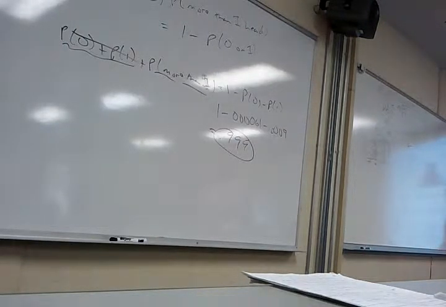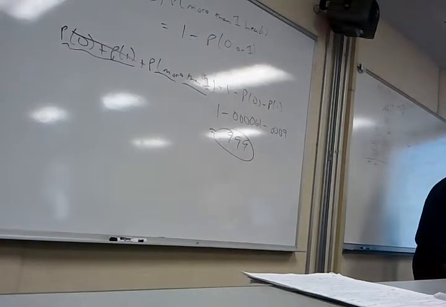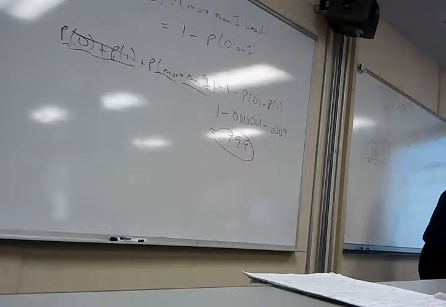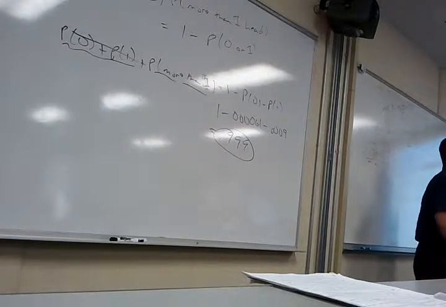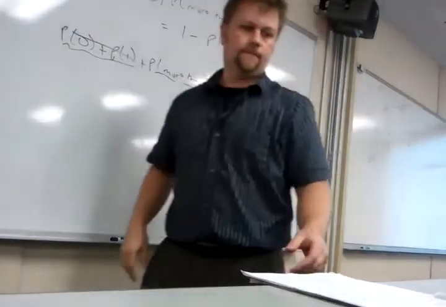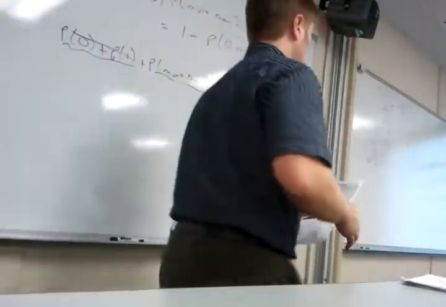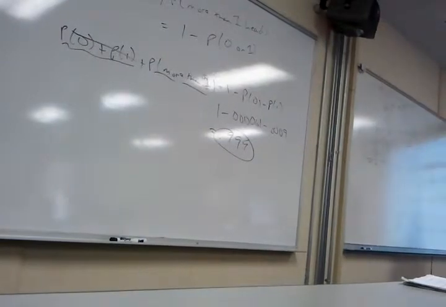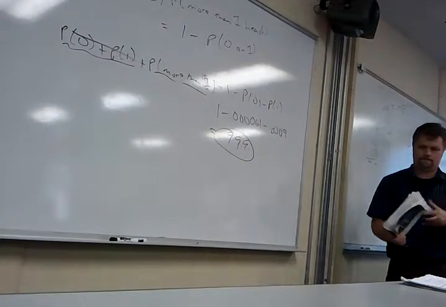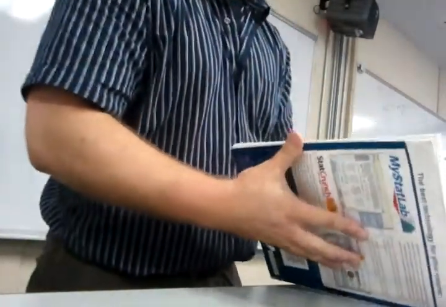So we already know this: 14 times 0.5 is 7. Figure out the variance and the standard deviation real quick for me. It can't be negative, right?